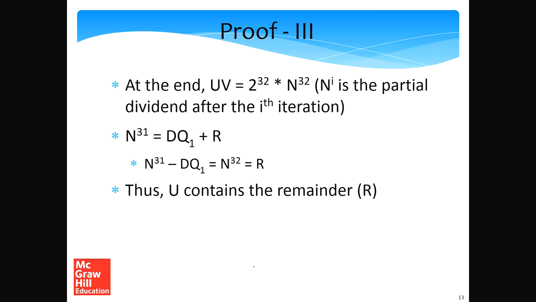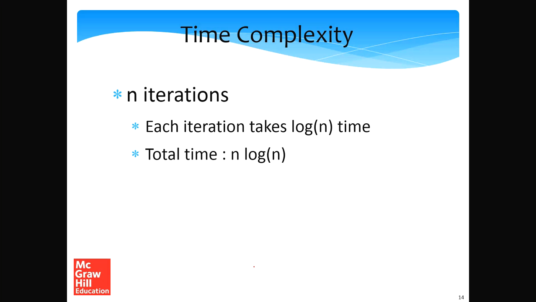For the rest, I think the best strategy would be to read the proof from the book and try to correlate it with what's written over here. Alright, so as I said, it takes n iterations and each iteration takes log n time. So total time is n log n. I've taken the O out, so it's order of n log n.